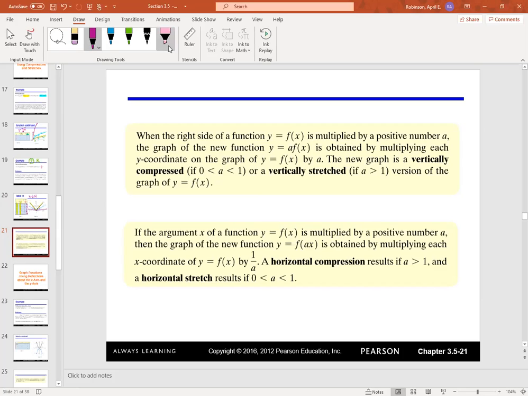It tells you that when the right side of a function is multiplied by a positive number a, the graph of the new function y equals a times f of x is obtained by multiplying each y coordinate on the graph by a. The new graph is vertically compressed if a is between 0 and 1. This is your proper fractions.